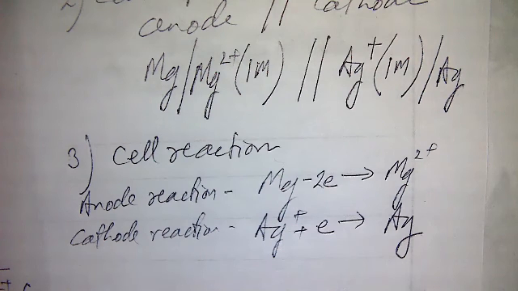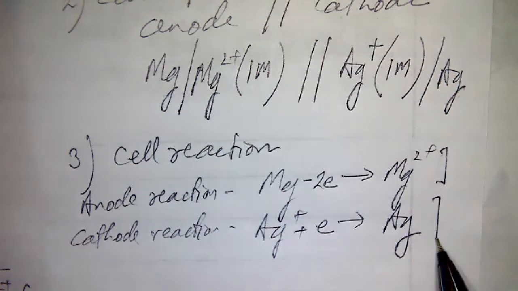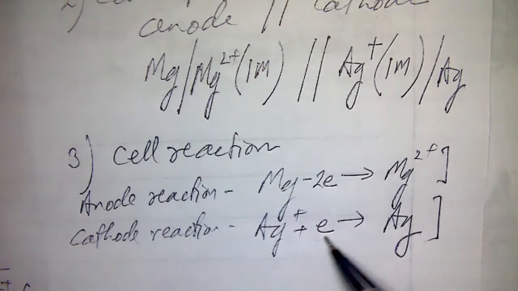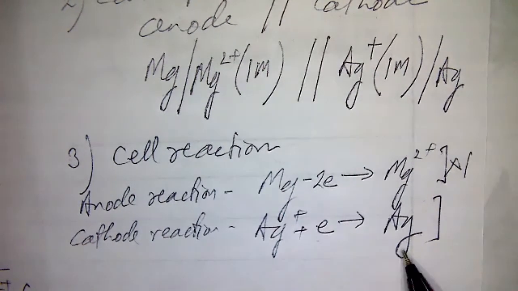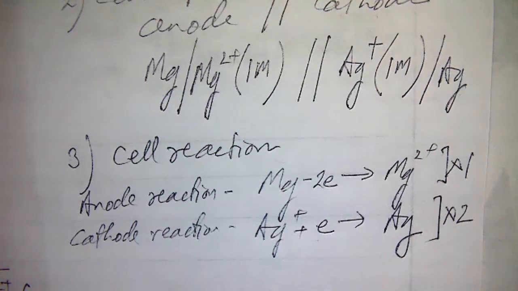No, they're not equal. So you have to make them equal. The upper one has 2 electrons and this one has 1 electron. I'll multiply this with 1, and this with 2. When we multiply, everything has to be multiplied, isn't it?